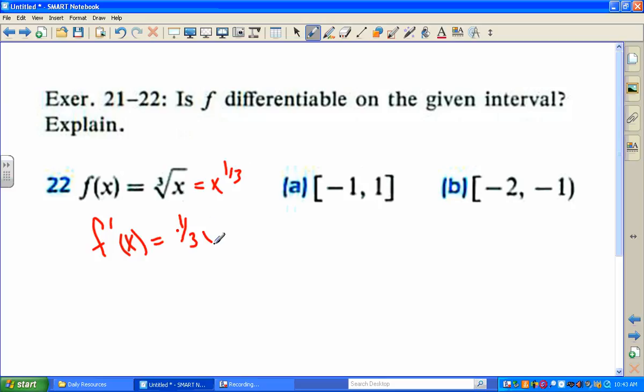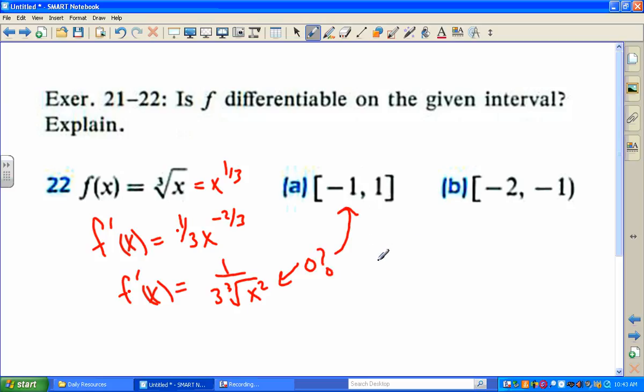It would be 1/3 x to the negative 2/3, which would be f prime of x equals 1/3 times the cube root of x squared. Does 0 work in this equation? Nope. Is 0 in that domain? Yep. So it is not differentiable.